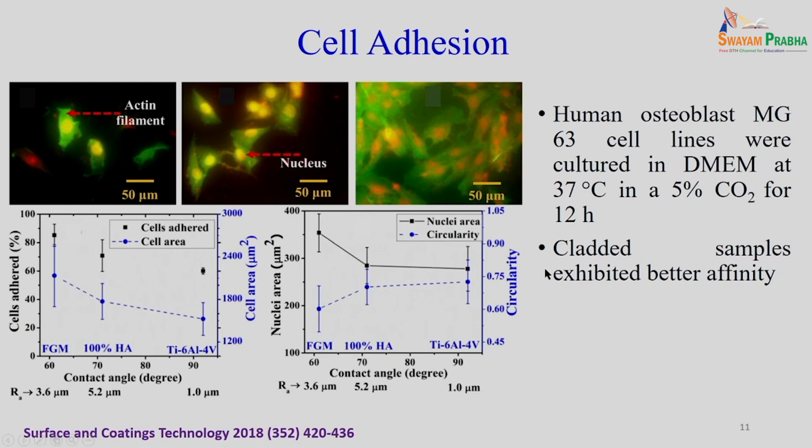So, if you remember the cell surface interactions, how we experimentally analyze the cell surface interaction is in terms of percentage of cells adhered, in terms of average cell area, and also we see the nuclei size and circularity.